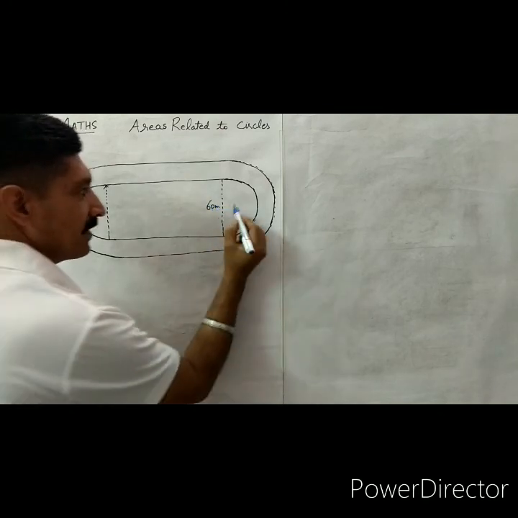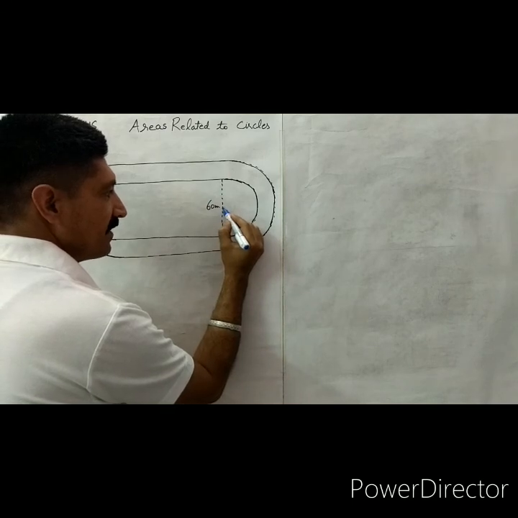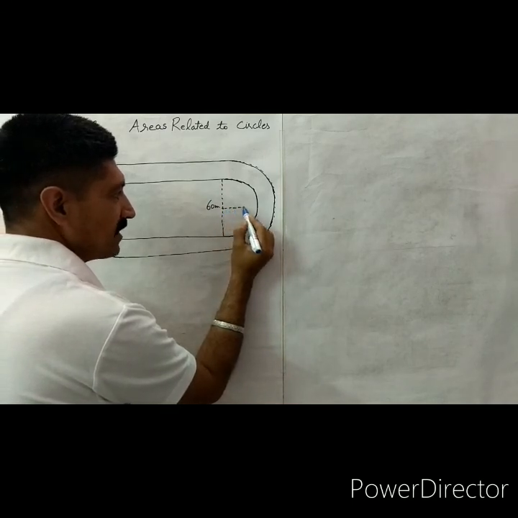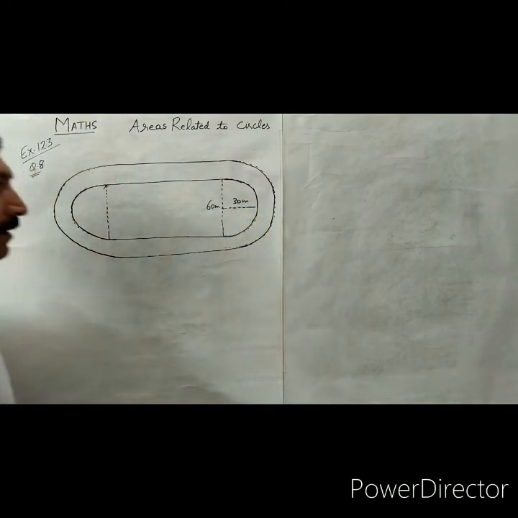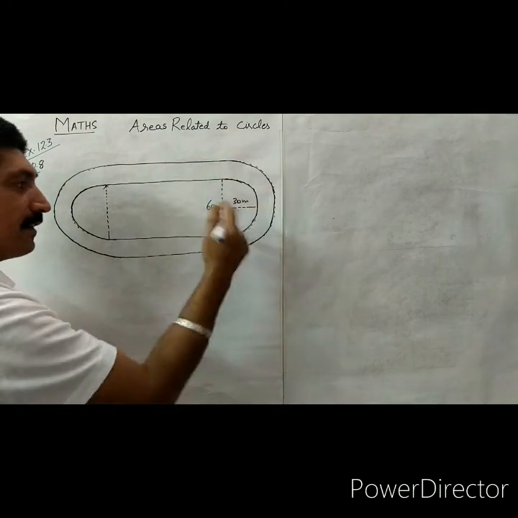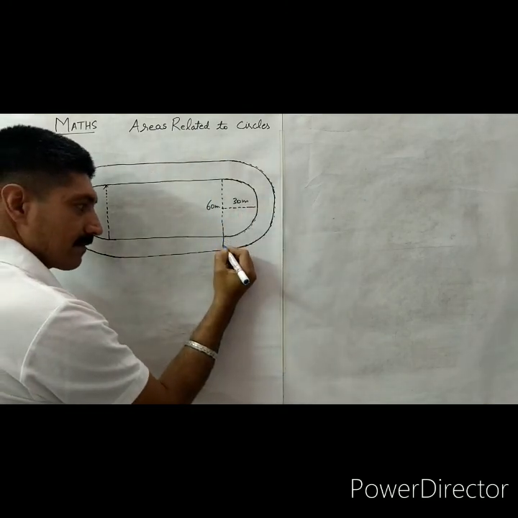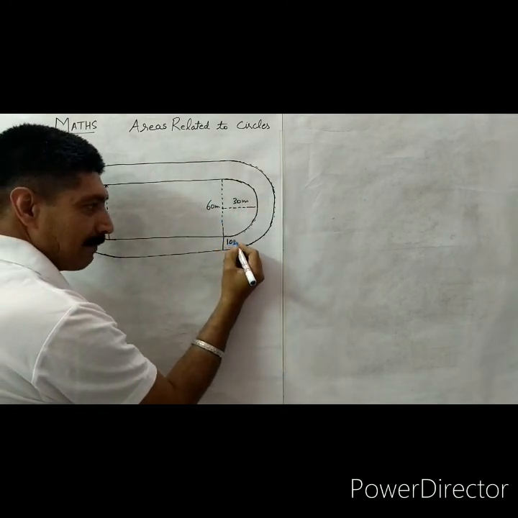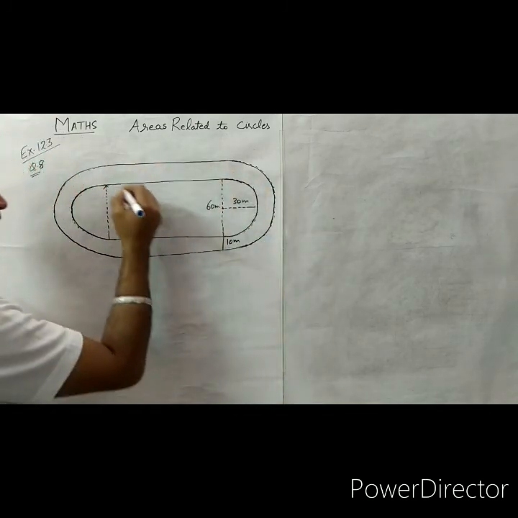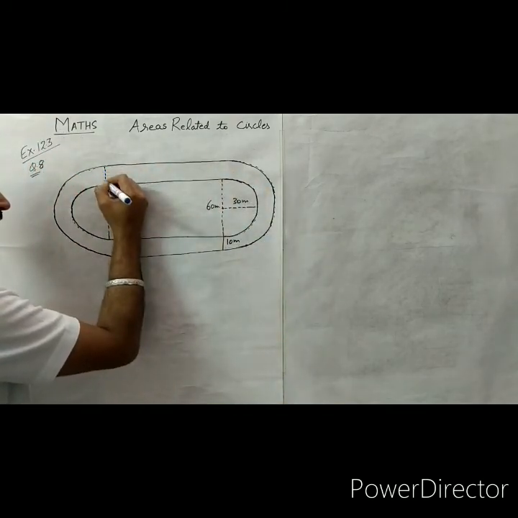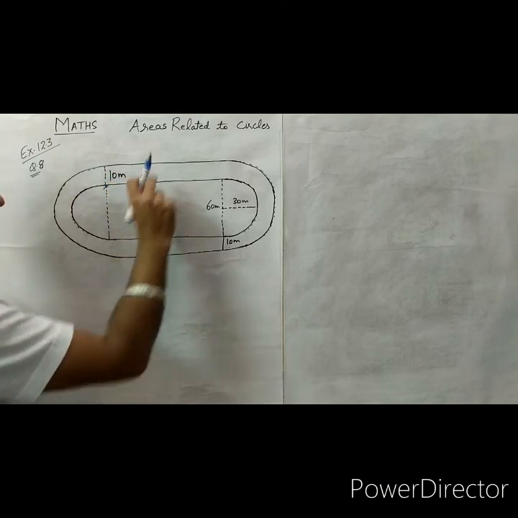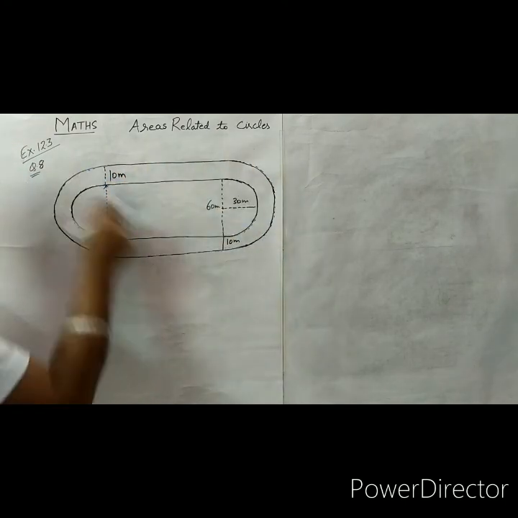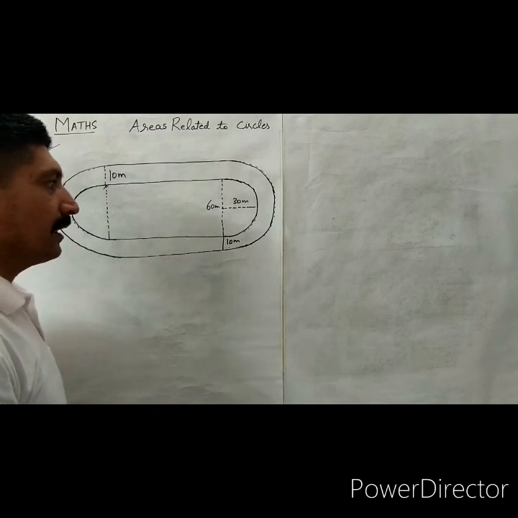It means the radius of this semicircle, with the center here, is 30 meter. Also, the width of the track is given as 10 meter throughout. This distance here is 10 meter. The width of the track is 10 meter.